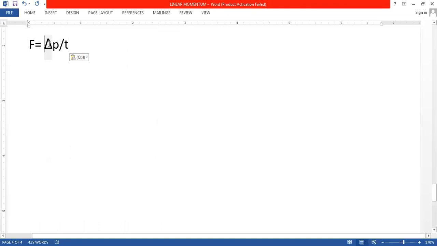We are talking about the time interval. So here instead of T, we can say delta T as well, beta. Why? Because delta T is the time interval, just as delta P is the change in momentum.